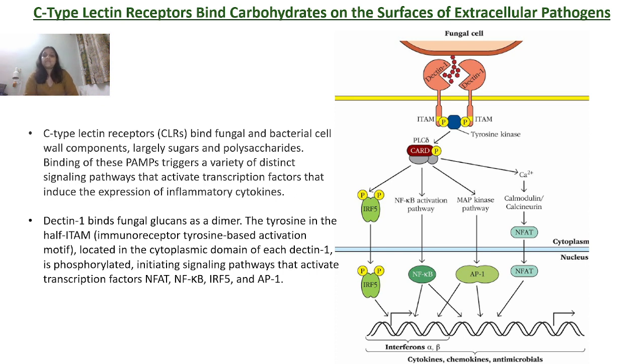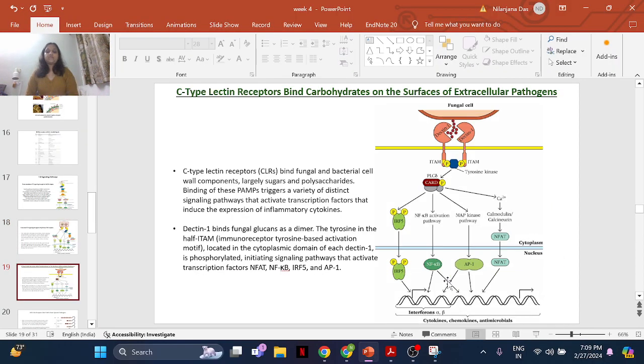A plethora of molecules are being produced, all these transcription factors are going into the nucleus and helping in the transcription of these cytokines, chemokines, or antimicrobials. So this, similar to the toll-like receptors, can activate different types of molecules and lead to the activation of cytokines, chemokines, and antimicrobial compounds.